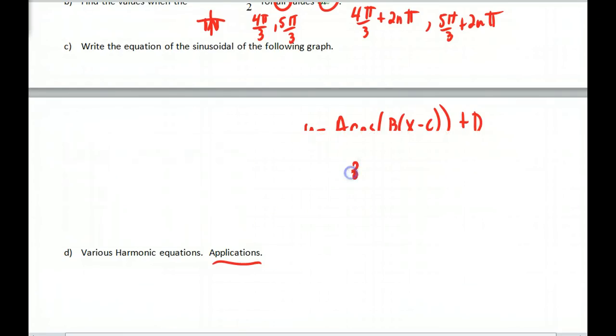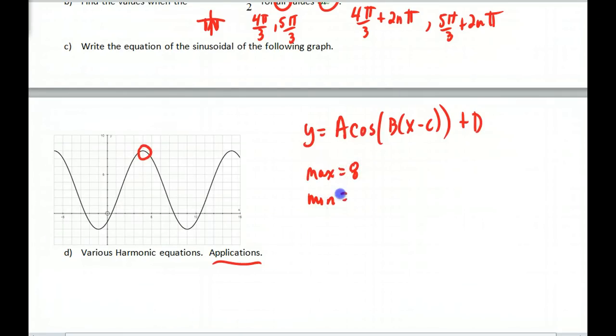And my min looks like -2. So overall, this distance is 10, so A would be 1/2 of that distance, so that would be 5. And so your A value is 5. My D value is adding these two and dividing by 2. So that would be 6 over 2, which would be 3. So those would be my two values that I can get right away just from the max and min.